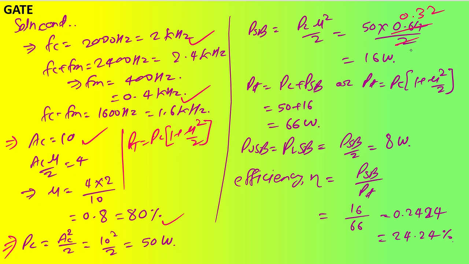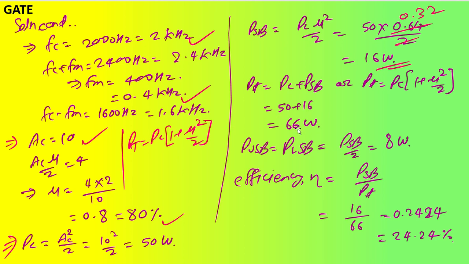So 5 twos are 10, 10 plus 5 is 15, plus 1 is 16 watt, right? So you have carrier power, you have sideband power. You can write down directly from this formula what is your total power in AM signal, or otherwise you can write down carrier power plus sideband power, and that will give you 66 watt.